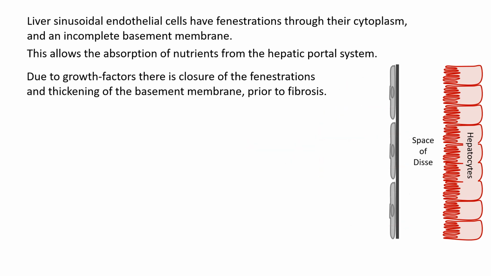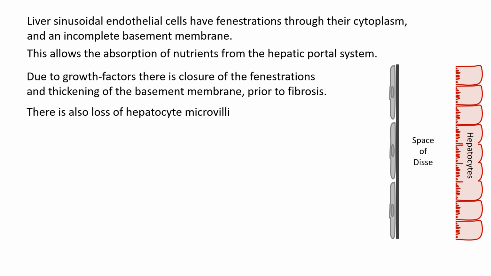Due to growth factors, in this case, there is a closure of the fenestrations and a thickening of the basement membrane, and this is before fibrosis starts. And there is also loss of the microvilli on the hepatocytes.